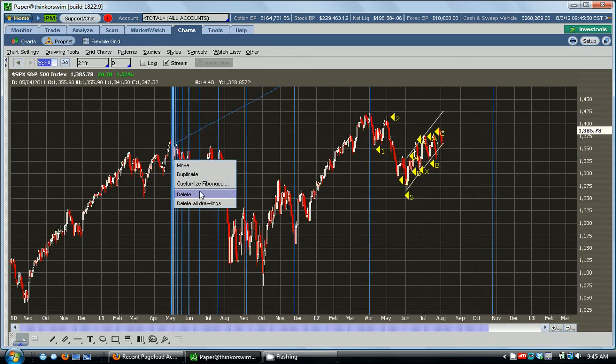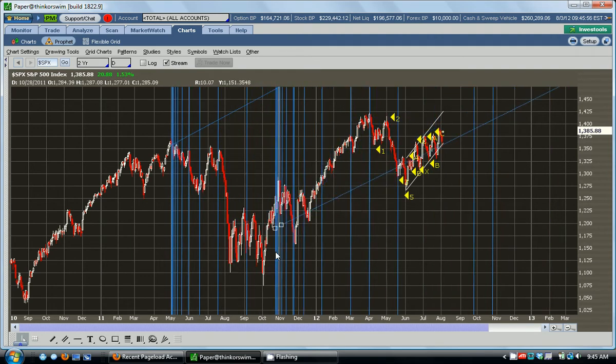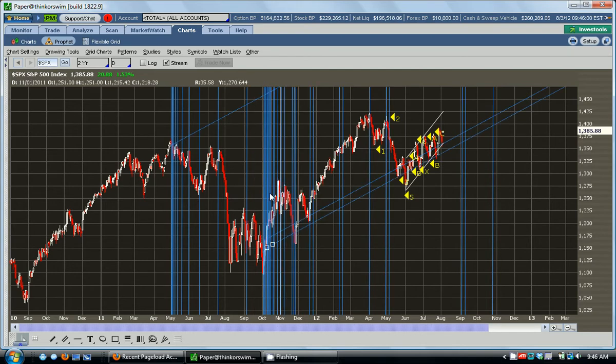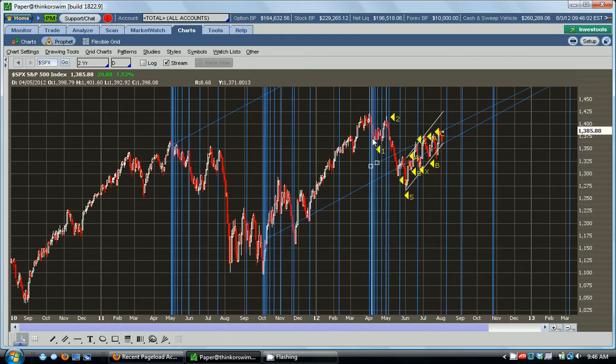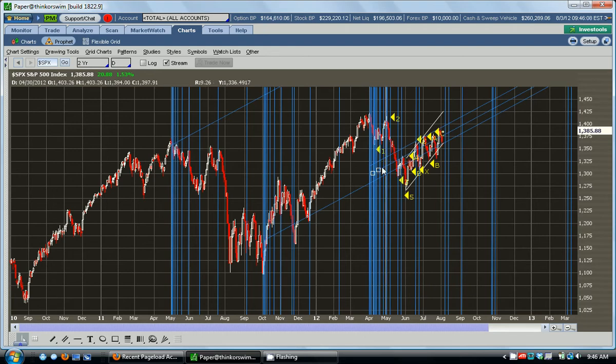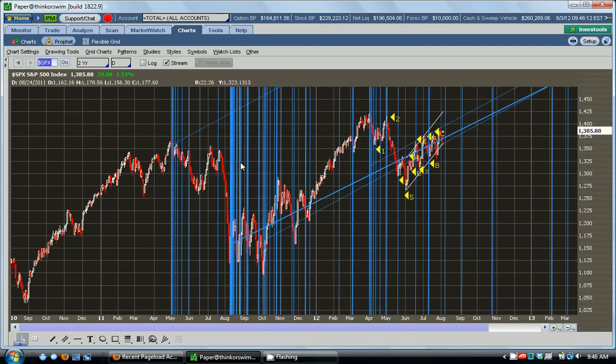So we'll put some there, put one there, put one at this top right here, and then put one down at this. Now we're going to have to move in just a little bit.